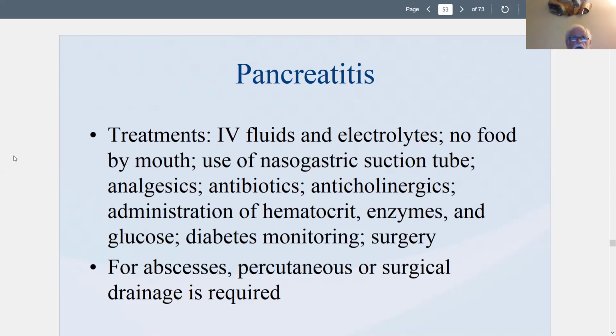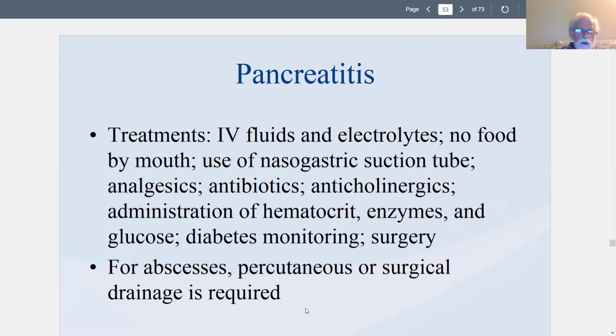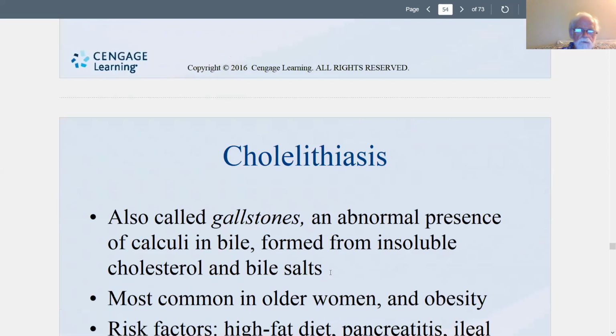Since the pancreas is responsible for generation of insulin, we worry about diabetes when it's sick, so we watch very closely for that. If there are abscesses in the pancreas, we may need to drain those abscesses to cure it.